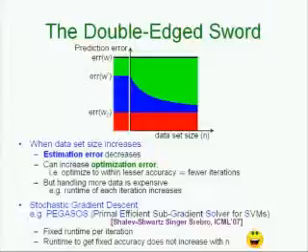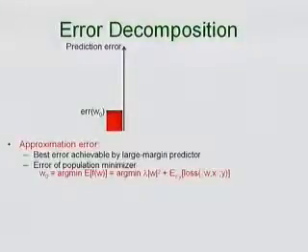In order to do so, it'd be useful to look at the error decomposition. I'm sure many of you have already seen the standard error decomposition in machine learning. Usually in learning tasks, we decompose the error into the approximation error. This is the error that says, even if we had tons of data, this is the best error that we can get with a hypothesis in our hypothesis class.